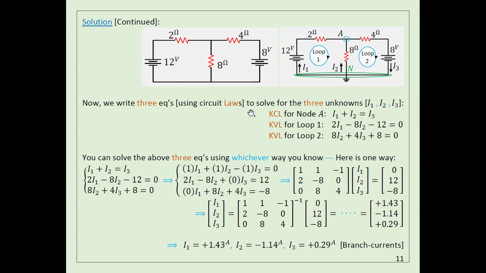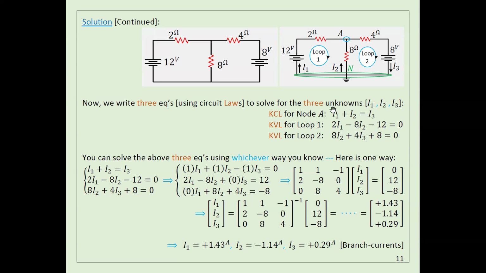So anyway, now this is the fun, interesting part. Now I need to solve this. If you have 3 unknowns, you need at least 3 equations. 3 equations should be enough to find the 3 unknowns.